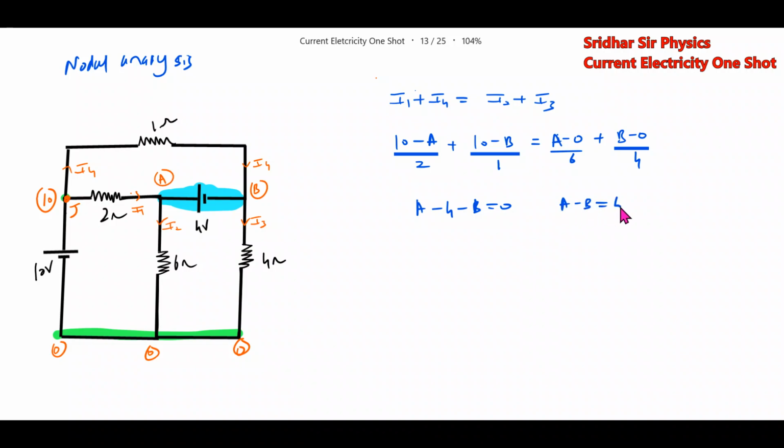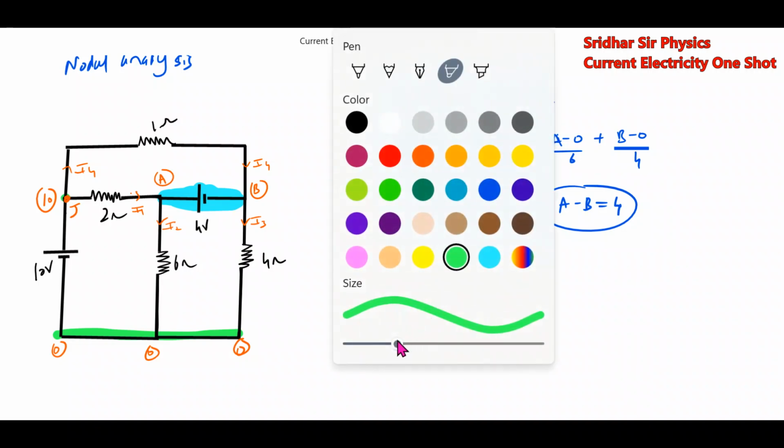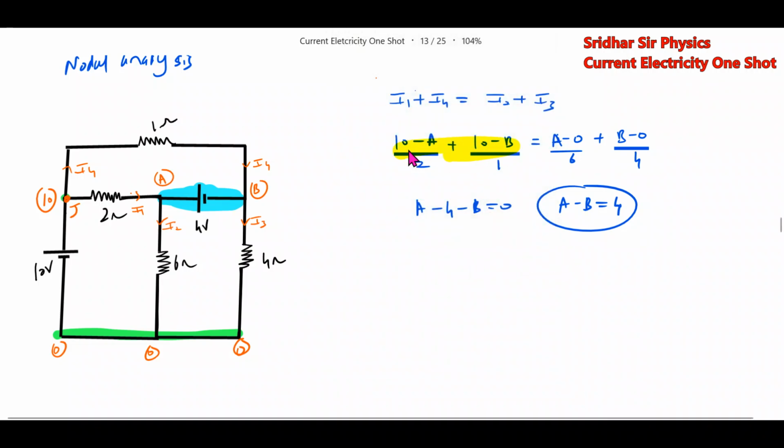So A minus B equal to 4. Two equations, two unknowns. So these are some problems related to nodal analysis.